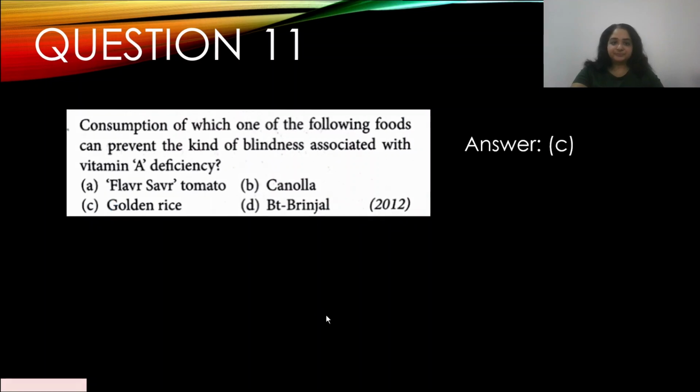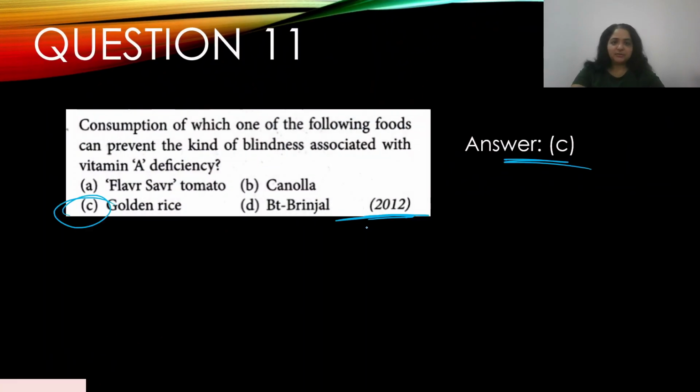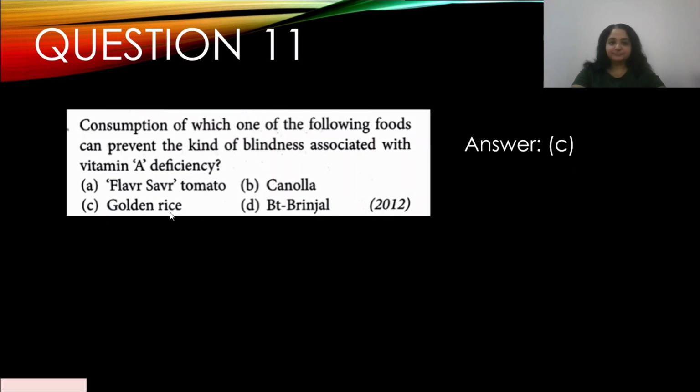Answer is C. We know golden rice was invented to produce beta carotene and counter the vitamin A deficiency, and administration of vitamin A prevents night blindness in humans. So the kind of blindness that's actually night blindness associated with vitamin A deficiency, the answer is C.